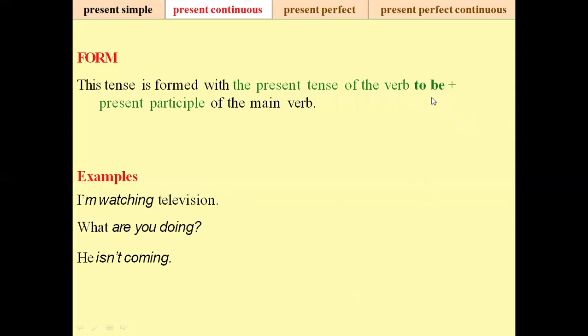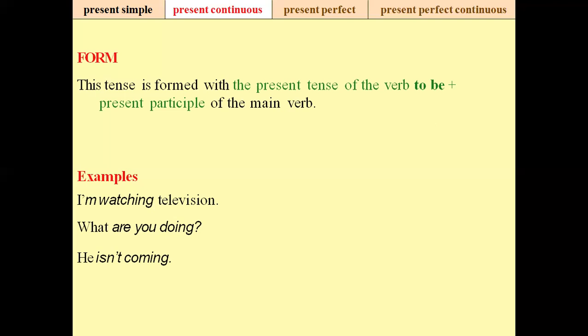I have taught you what the forms of the to be are: am, is, are, was, were, do, does, did, have, has, and shall, will. But here the present forms of the to be are only am, is, are.